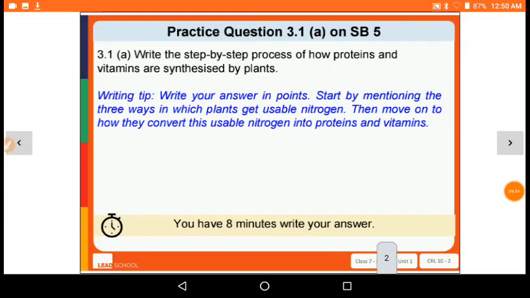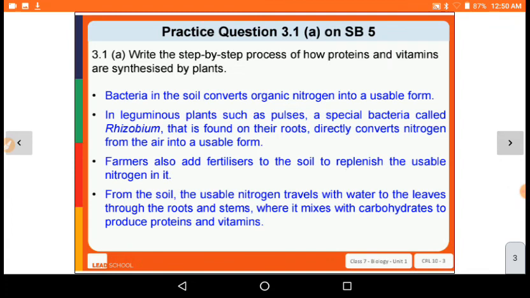First question is write step by step process of how proteins and vitamins are synthesized by plants. So bacteria in soil converts organic nitrogen into usable form. Then we saw that leguminous plants such as pulses have special bacteria called rhizobium, found in the roots, so they directly convert nitrogen into usable form.